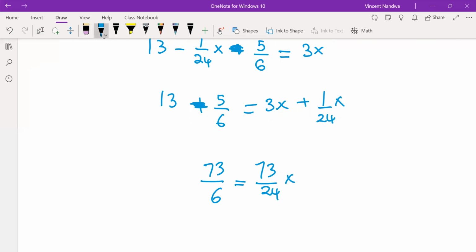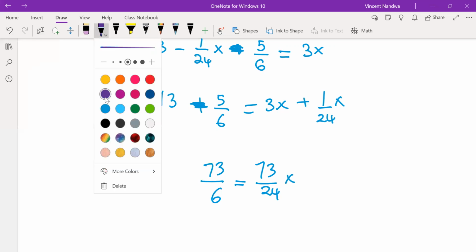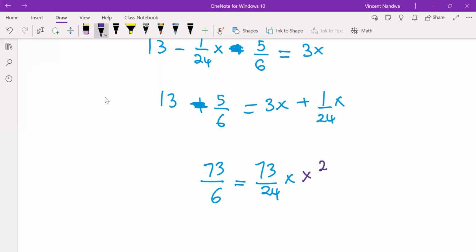So times 24 over 73, 73 cancels, so we get 4.